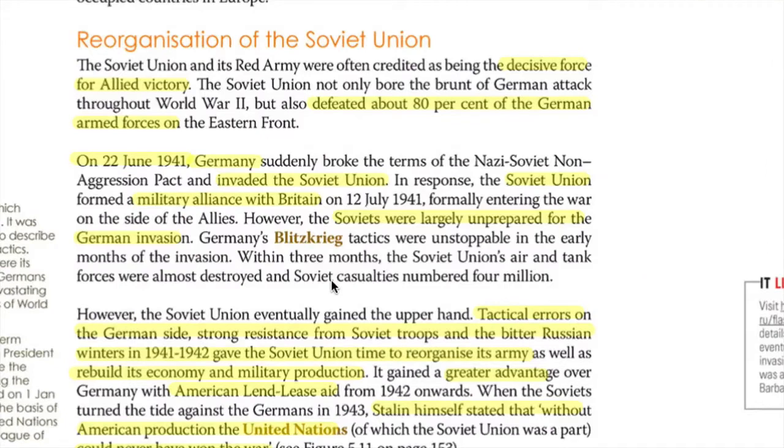Now, on the 22nd of June 1941, Germany broke the treaty with the Soviet Union and invaded it. Because of that, the Soviet Union formed a military alliance with Britain, and when Hitler attacked, the Soviets were actually unprepared for the German invasion.